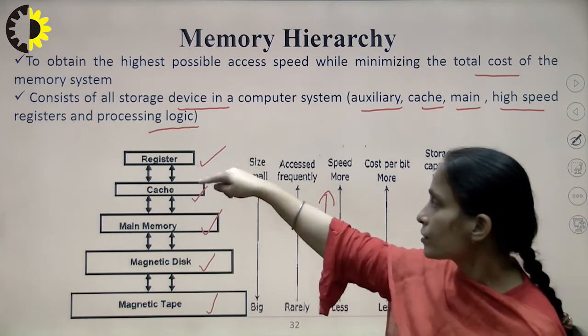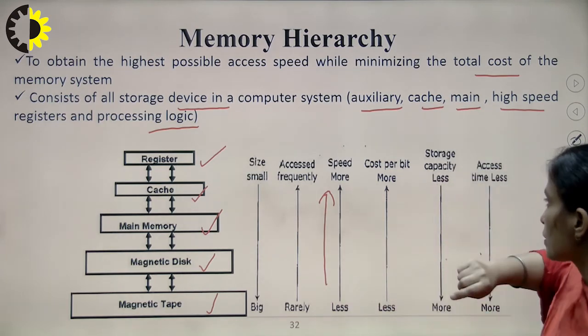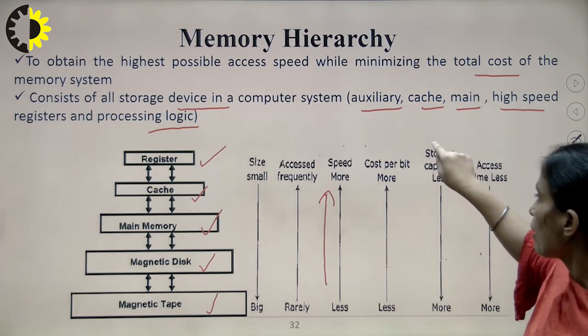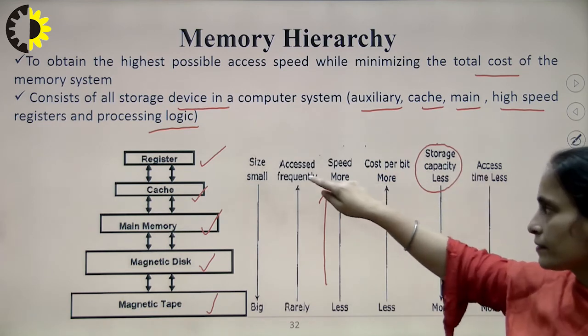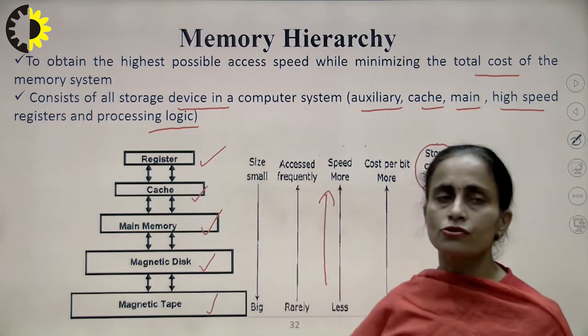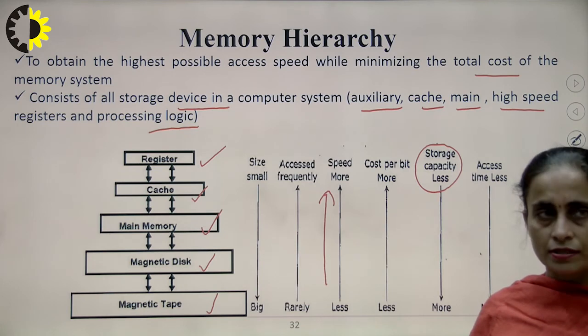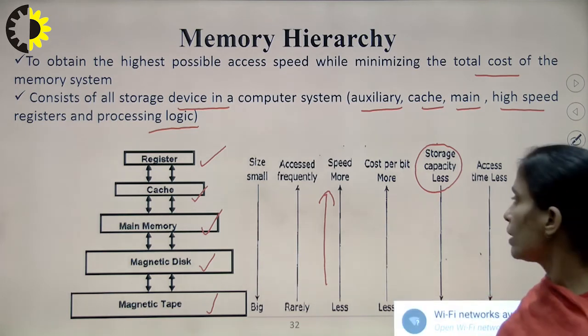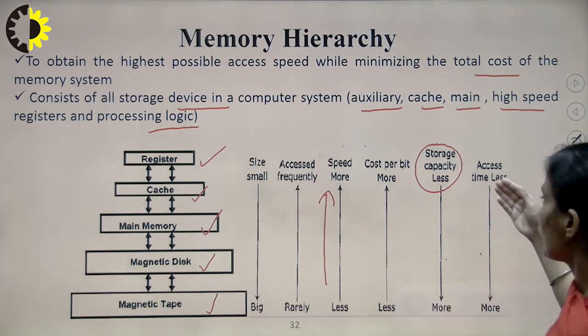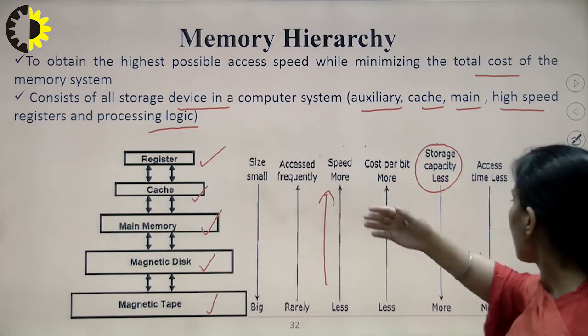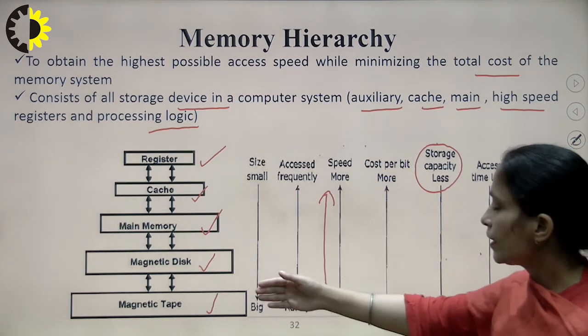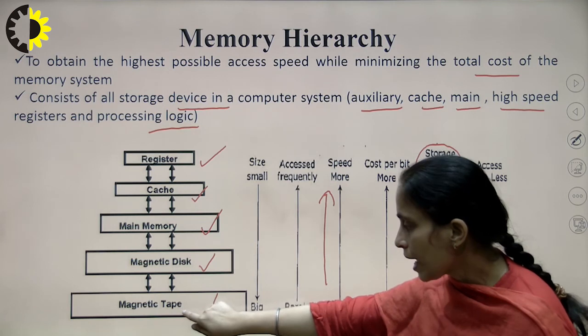The cost is also high in the case of registers. If we talk about storage capacity, it is very less. Registers can store 8 bit or 16 bit, and flip flops can store only 1 bit. The access time also becomes very small in the case of registers, while slow devices take very large access time.